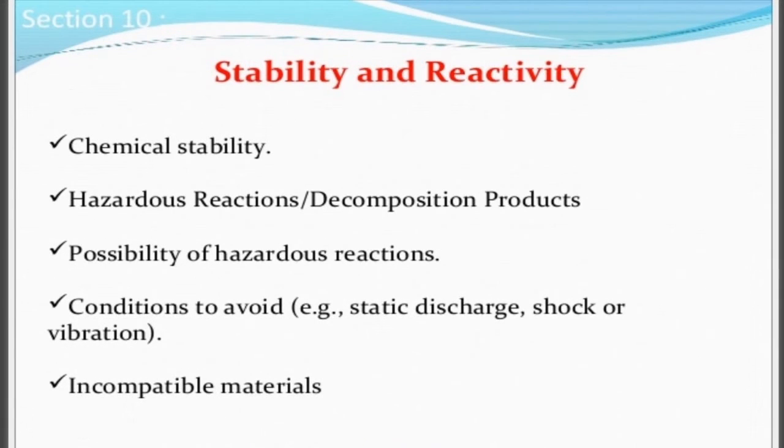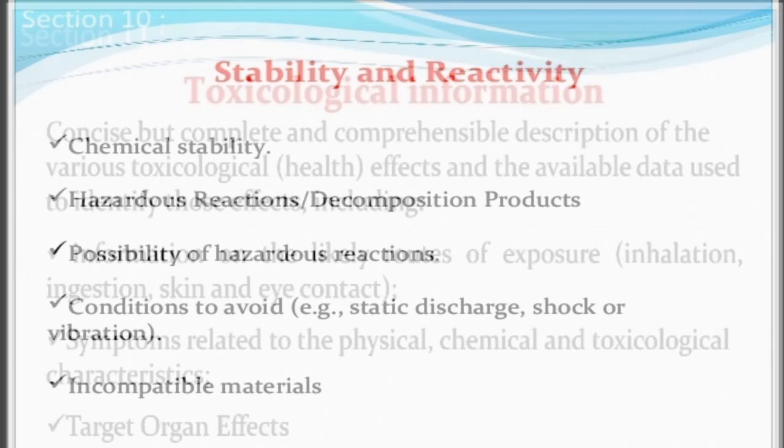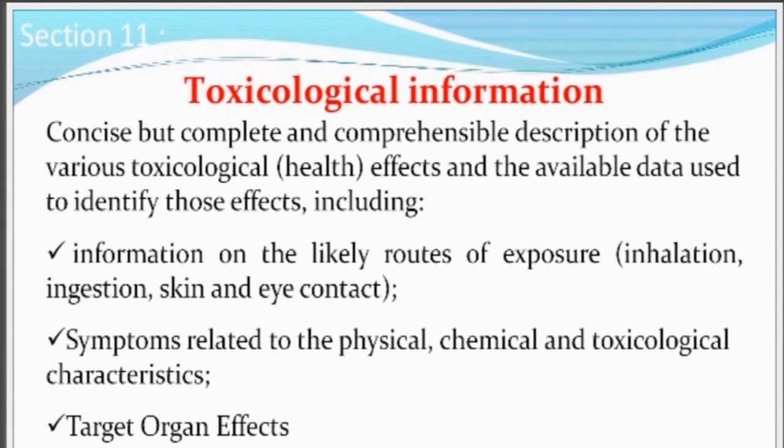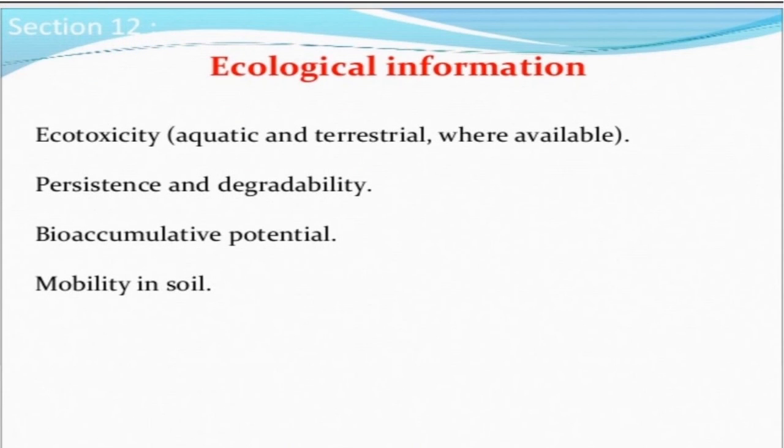The next section gives information on stability and reactivity, that is chemical stability, hazardous reactions or decomposition products, possibility of hazardous reactions, conditions to avoid, incompatible materials, etc. The next section gives toxicological information of the chemicals. The next gives ecological information.